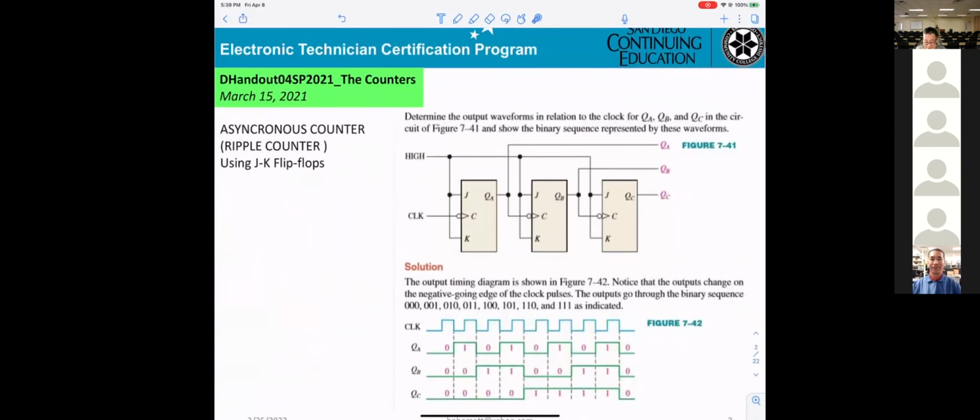Now you can see this is the same thing, a ripple counter, but they're using 3 flip-flops. And as I already told you, the clock goes to the first one, QA goes to the clock of the second one, QB goes to the clock of the next one, and it keeps going. For this counter, how many states?